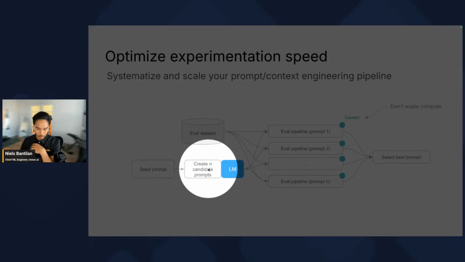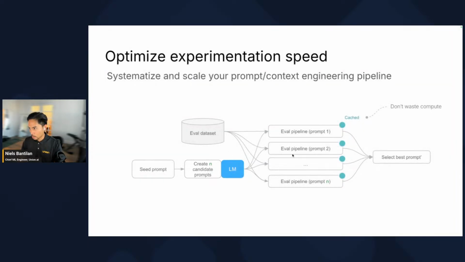And again, we're relying on LLMs throughout and creating a bunch of candidate prompts based on the seed prompt. And you're basically asking the question, I want to evaluate all these prompts on the synthetic eval, and then I'll have some way, based on the performance metrics, assuming that I can reduce them into a scalar value, to select the best prompt.